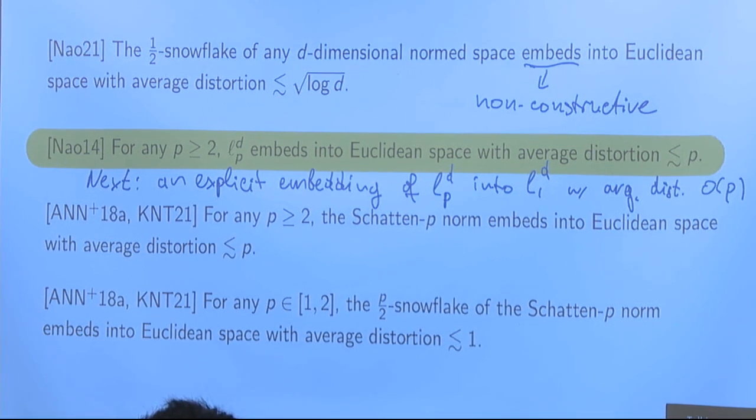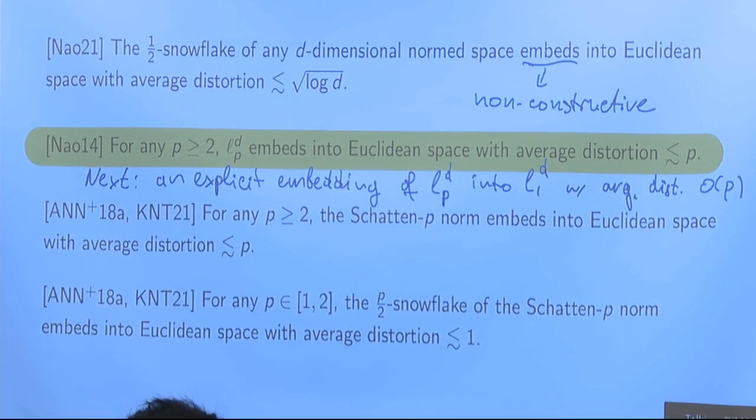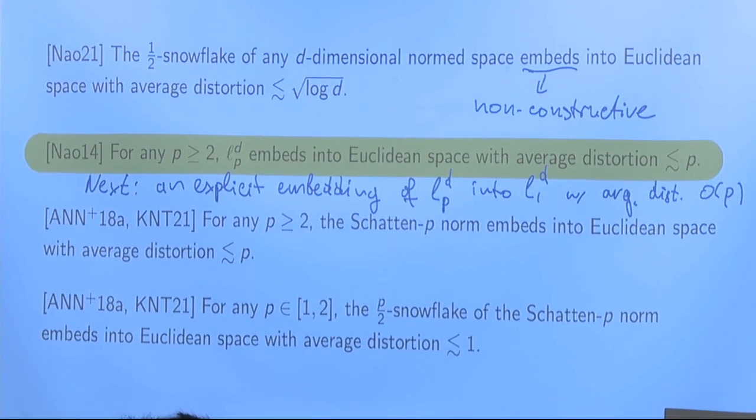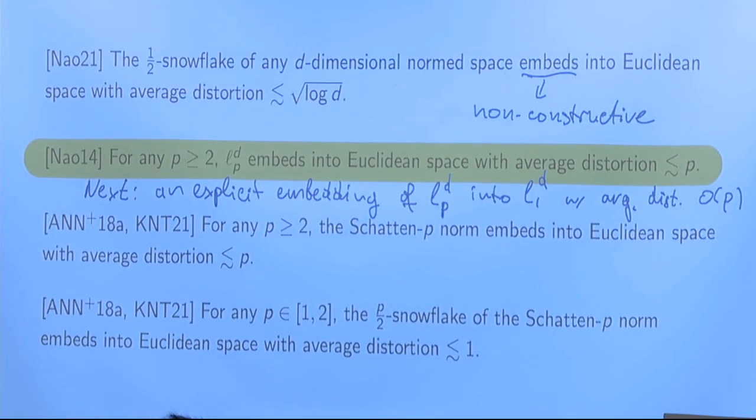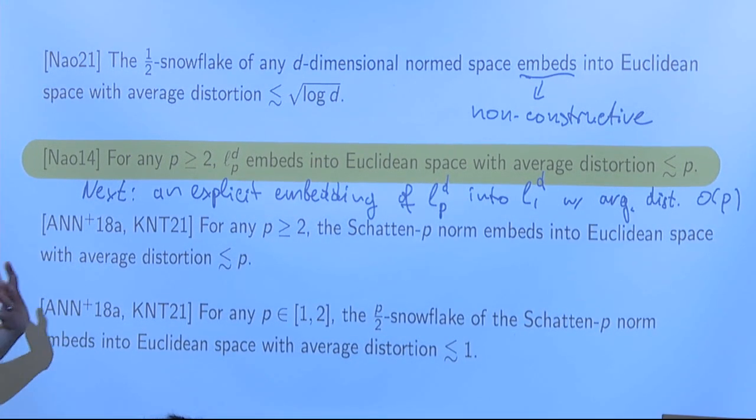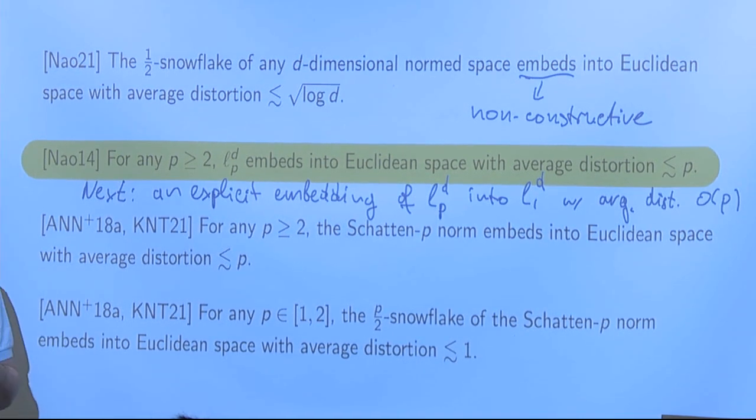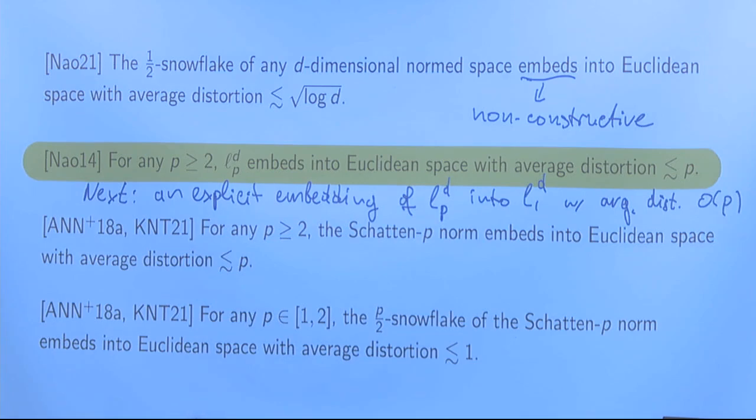Some things are slightly less technical, so I chose L1. Embedding into L1 is a richer target, so it's a little bit easier. In this case, it doesn't matter too much actually.